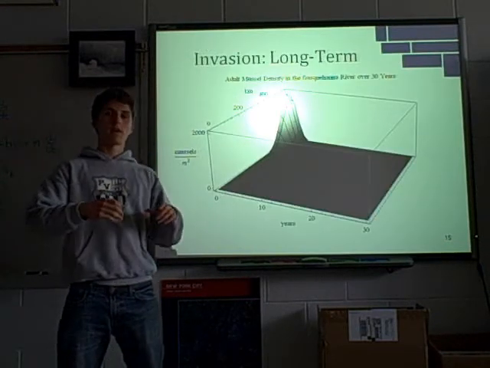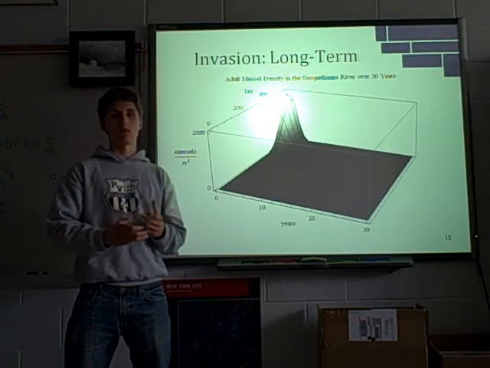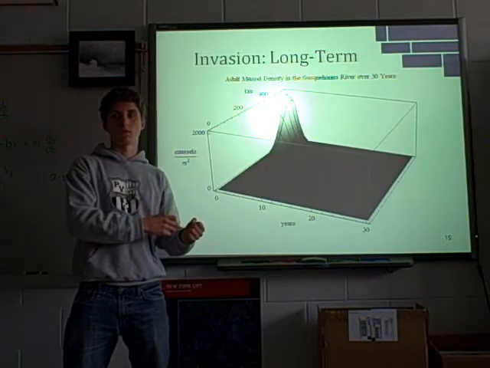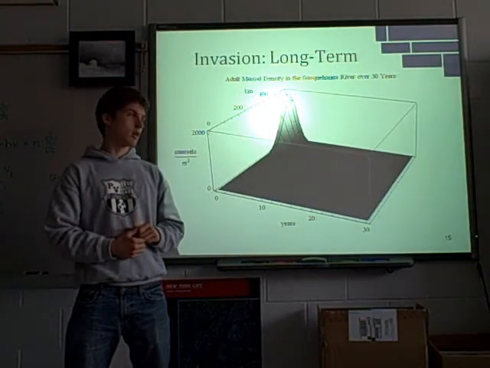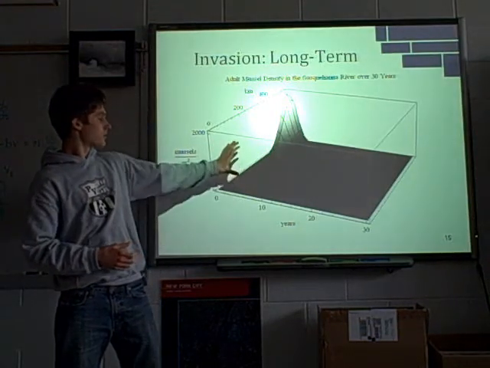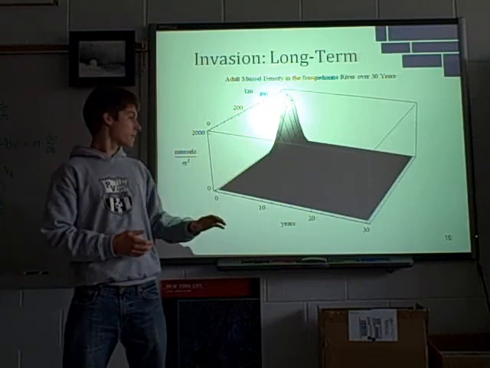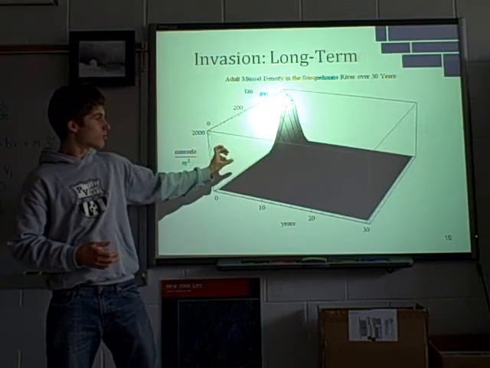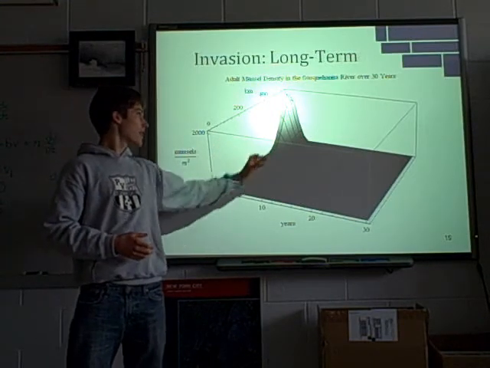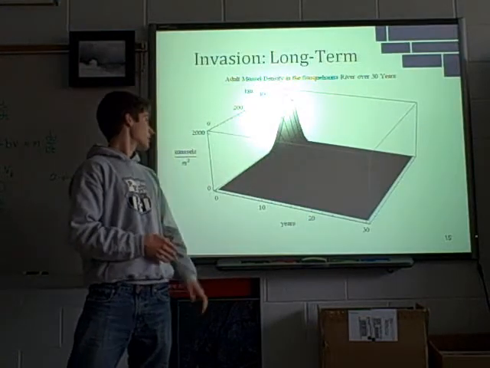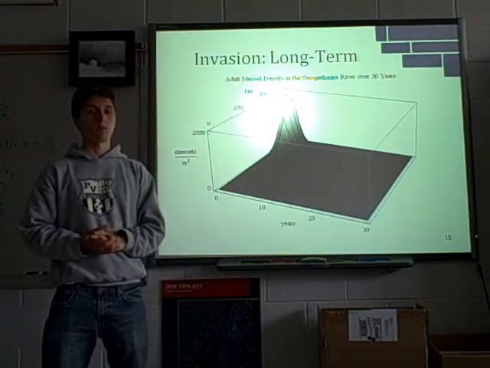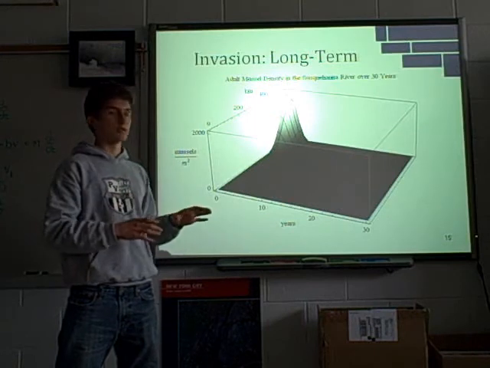And this is when I integrated the two parts of the model, the adult mussel population growth model and the velger transport model. So this projects how this invasion is going to proceed over 30 years. So you see, there are really only adult mussels in the first 4 years, and you have very high concentration here, up to 2,000 mussels per square meter in the first about 3 years or so.